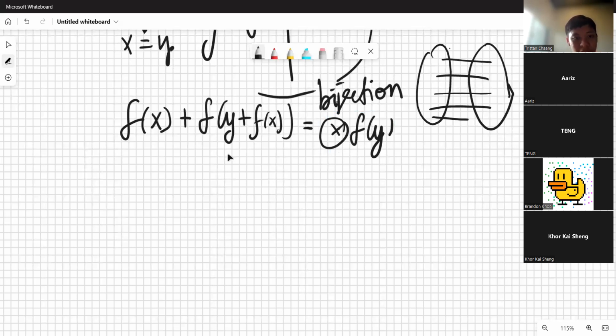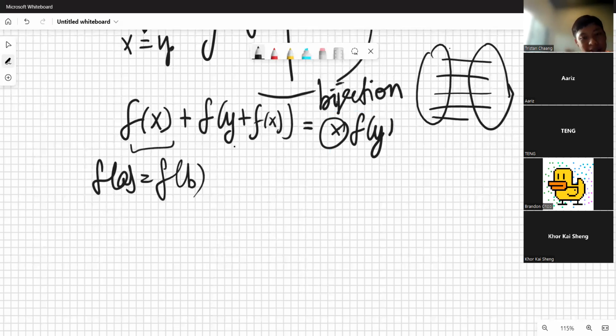You want to prove that if f(a) equals f(b), then a equals b, right? And you see there's f everywhere here, except this one. So that means if f(a) is f(b), I can probably get a equals b in the end by utilizing this isolated variable here.